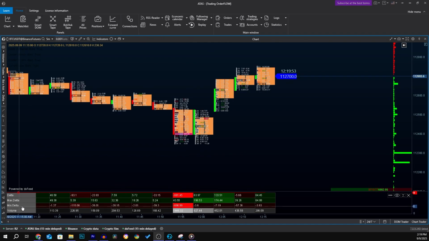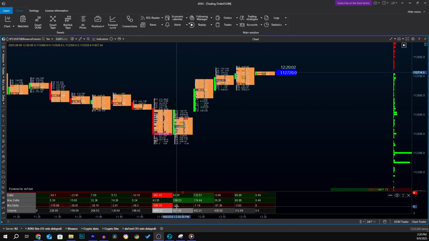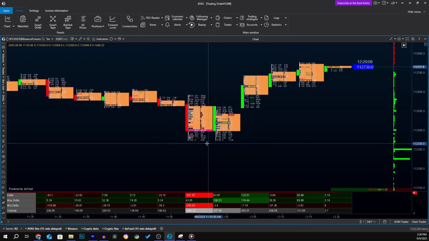Then we have delta maximum and delta minimum. Delta maximum shows how much buying pressure was exerted during a given time period, while delta minimum shows how much selling pressure was exerted during that same period.